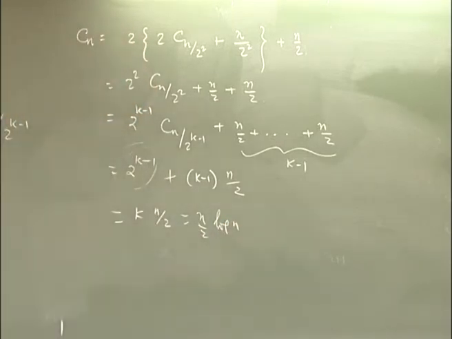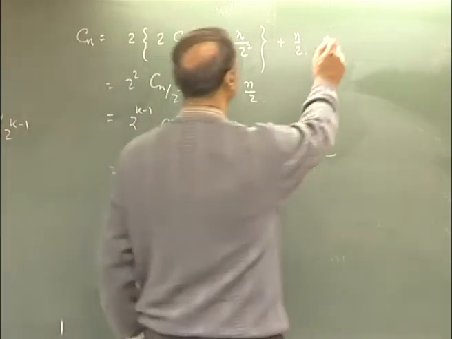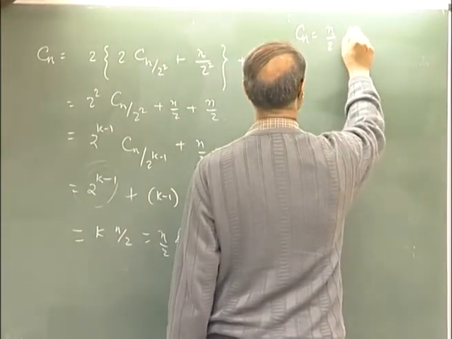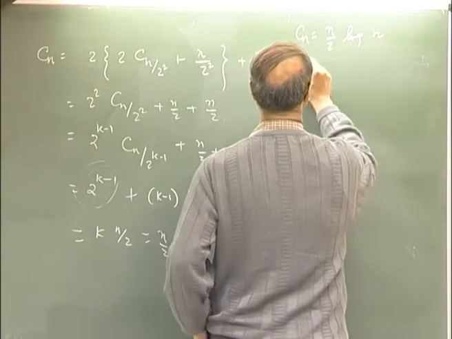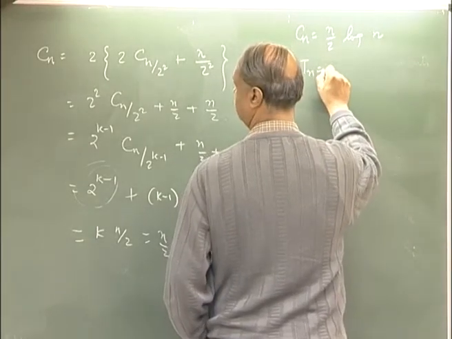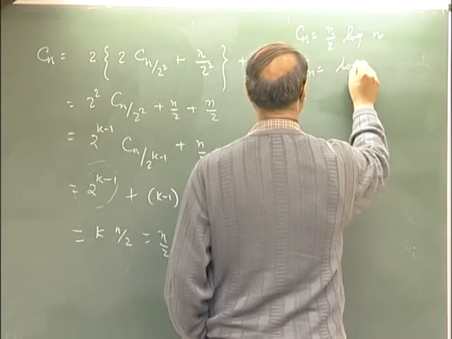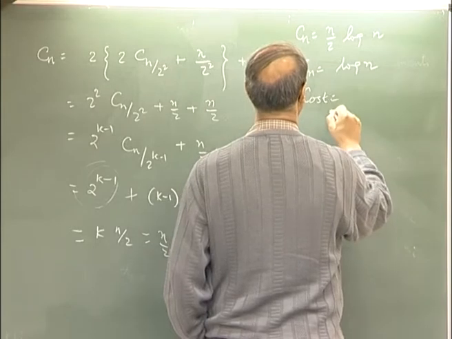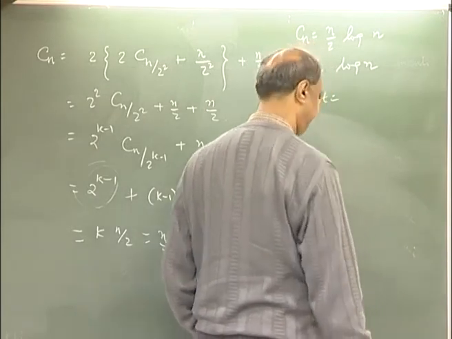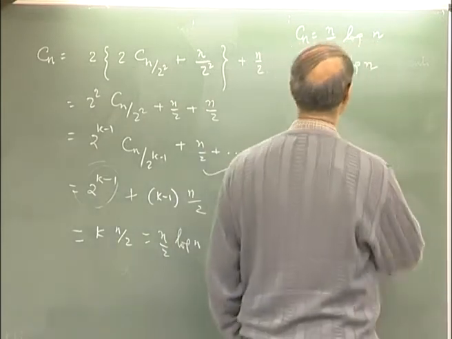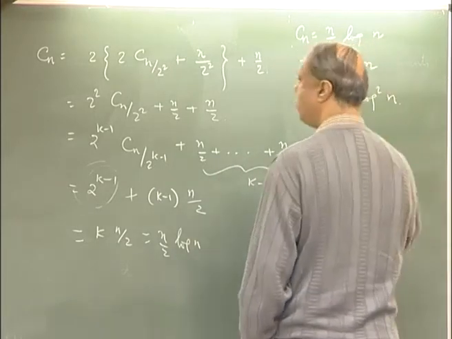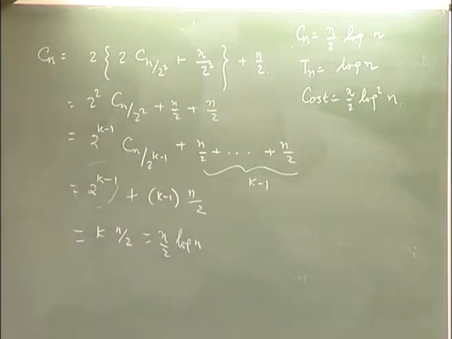So you got Cn equals n by 2 log n, Tn equals log n. Cost is n by 2 log squared n to merge a bitonic sequence into a sorted sequence.